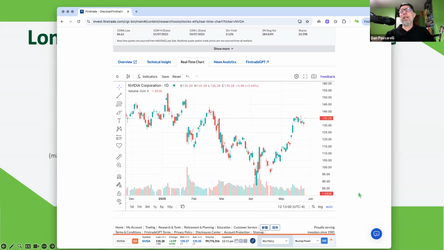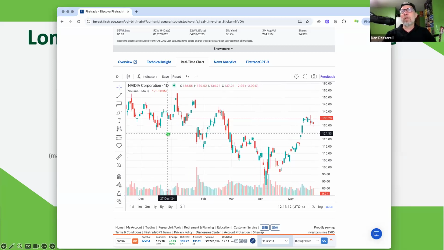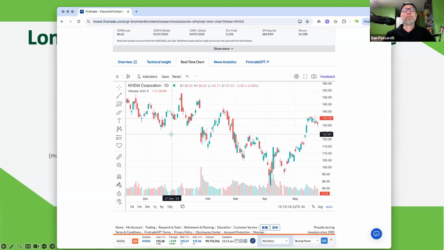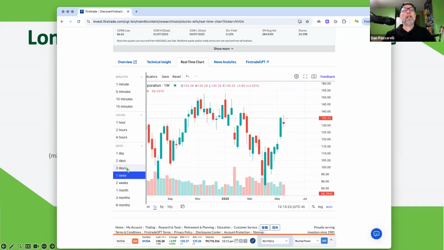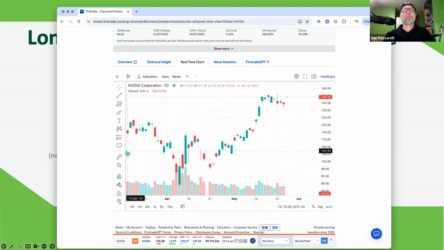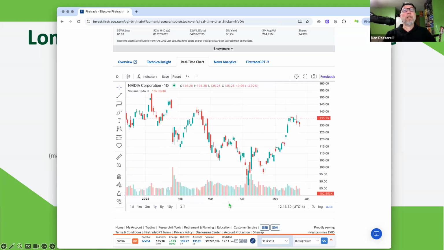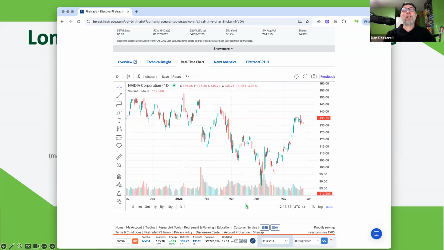Holy crap. Look at this stock. This sucker's all over the place. Let's look at a 1 year chart, and let's change these to daily candles.